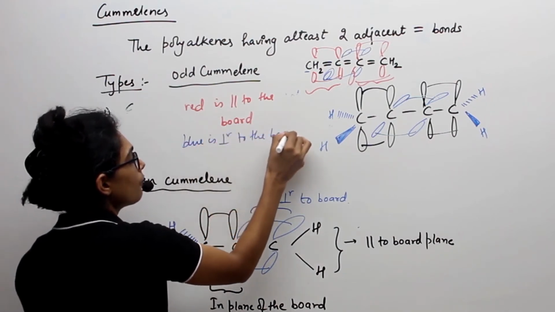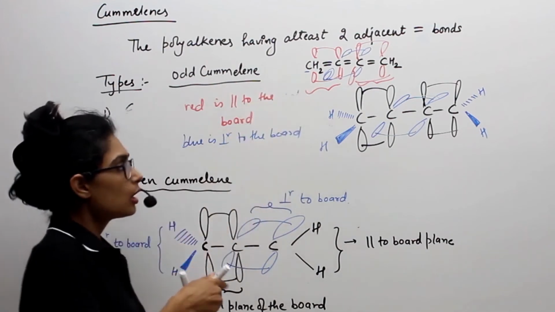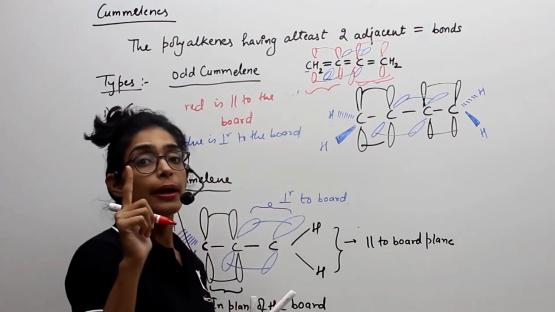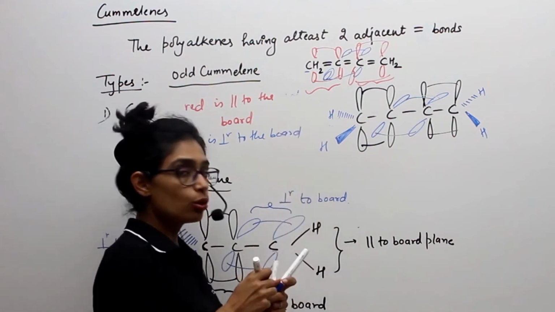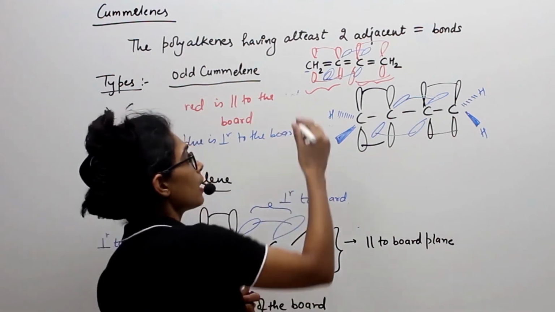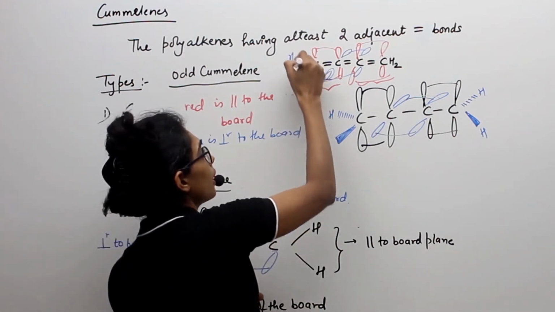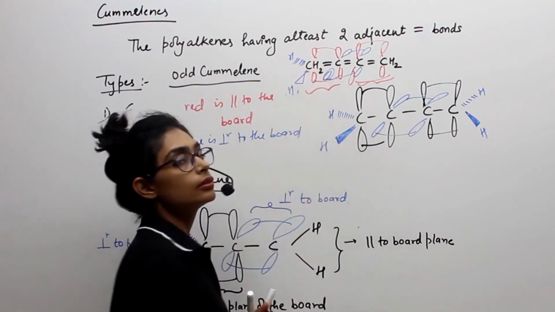Now if I have used red as one plane, to show my sigma bond I'll have to show it with the other plane. So my other plane will be this hydrogen, and this is this, correct?